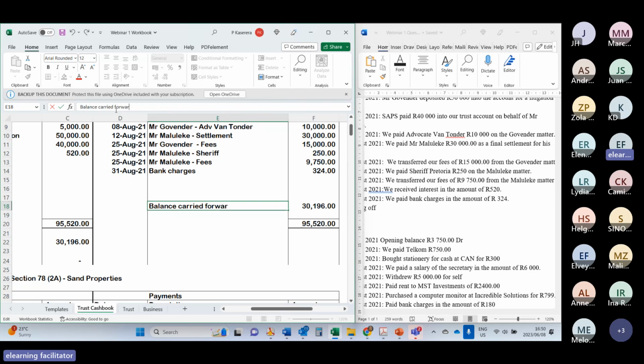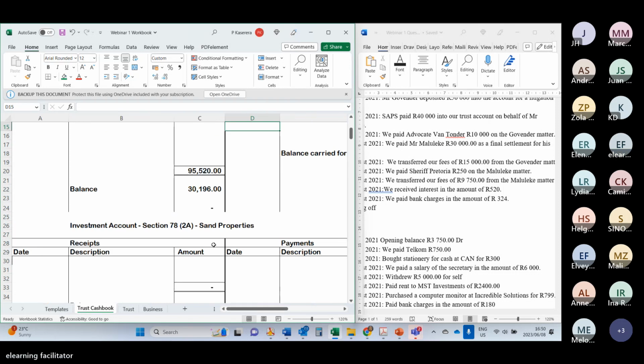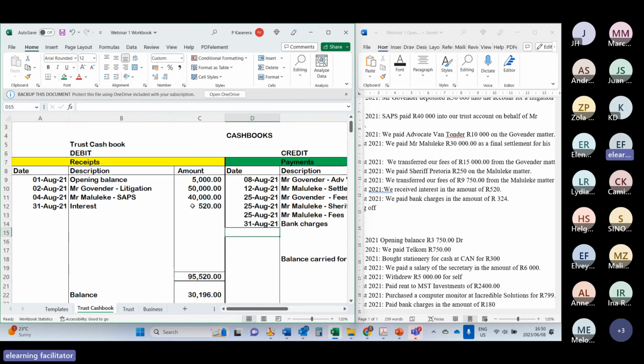So we are going to carry it forward into the next month of September, and then we are supposed to even know what it is made up of. So this is trust accounting. This is how you record your cash book.